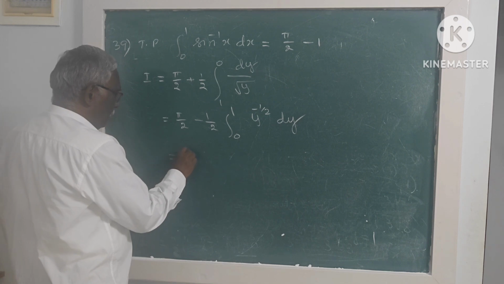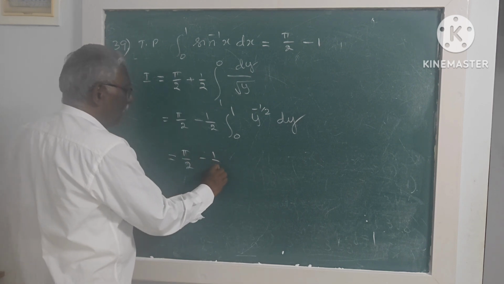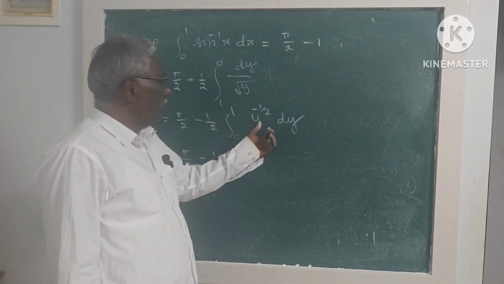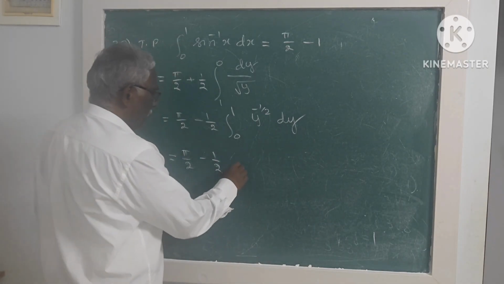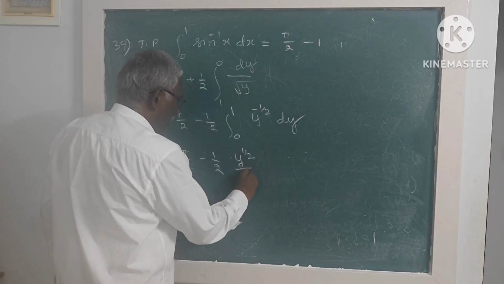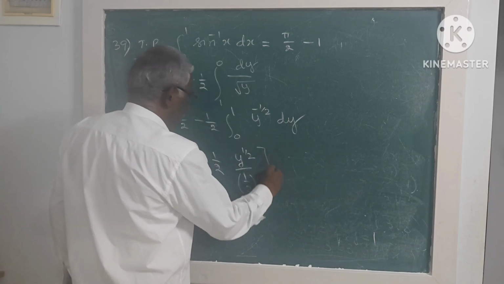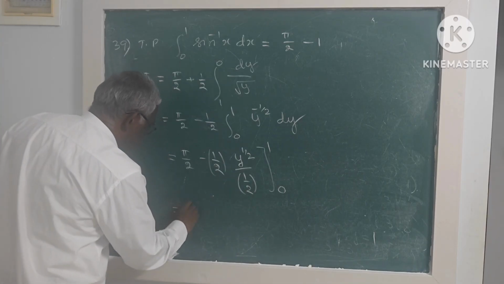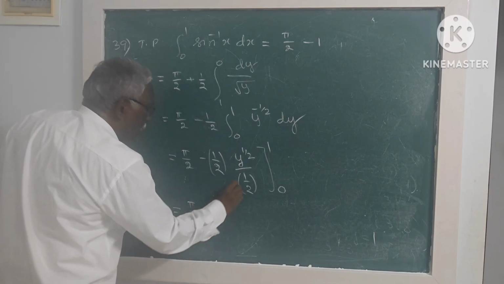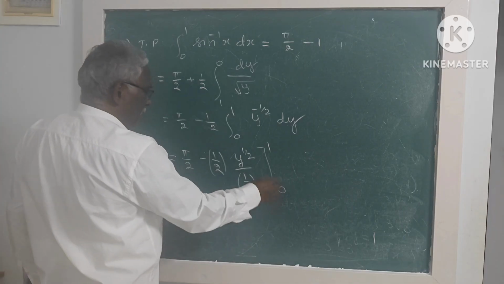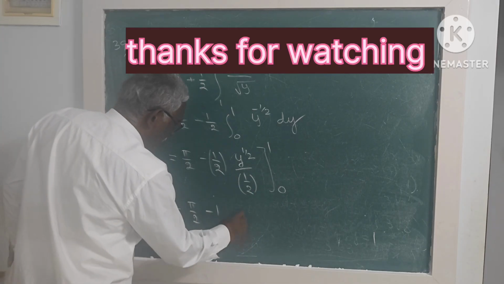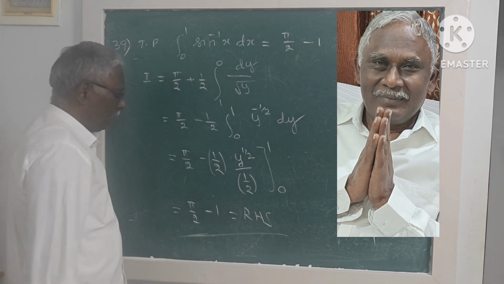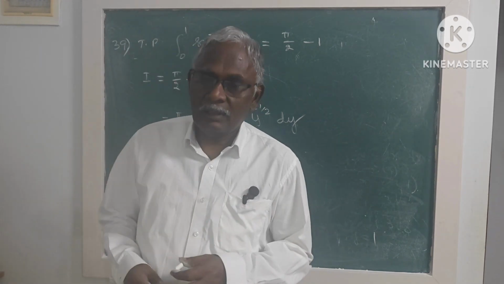If we integrate y power minus half, we get y power minus half plus 1, y power half by half, from 0 to 1. So these two get cancelled. So pi by 2 minus, you put upper limit 1, lower limit 0. So this is equal to RHS. So this is the answer.